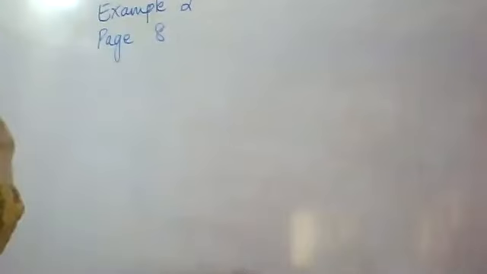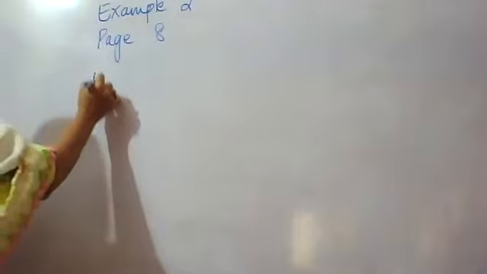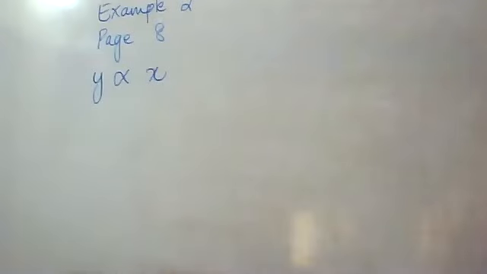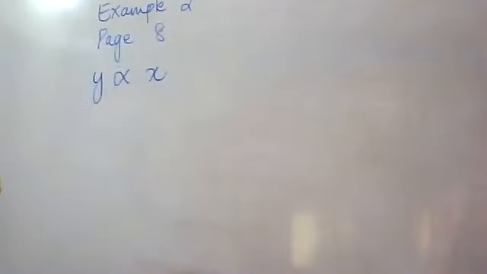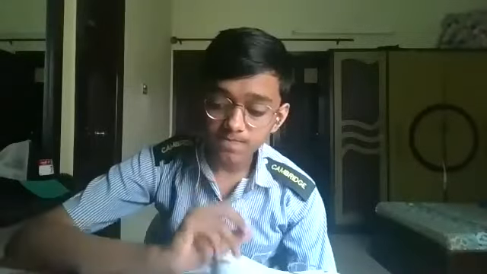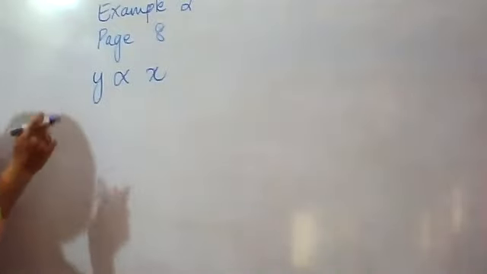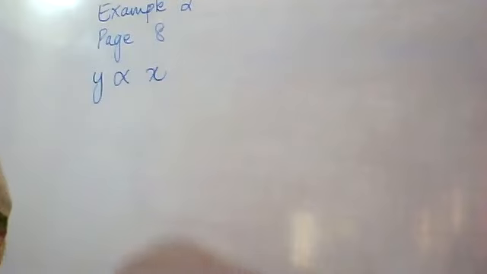If y is directly proportional to x, and y is equal to 12 when x is equal to 4. Find the value. First of all, part 1 says write an equation connecting X and Y.